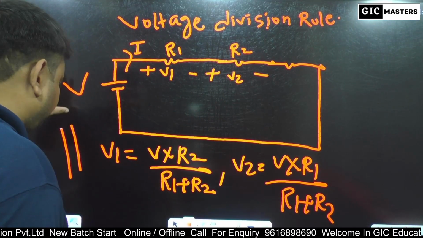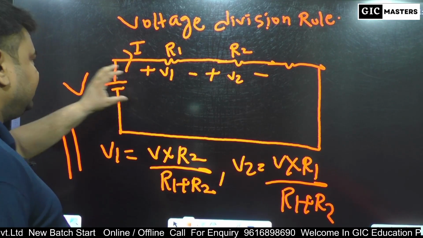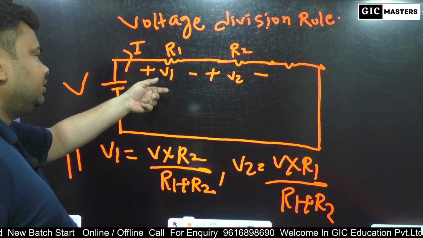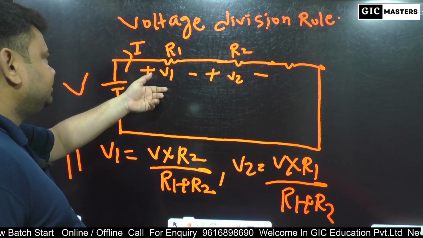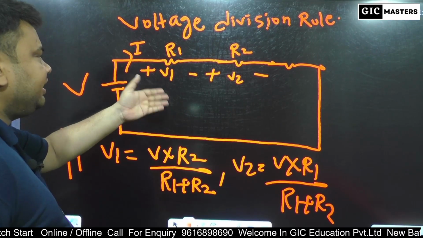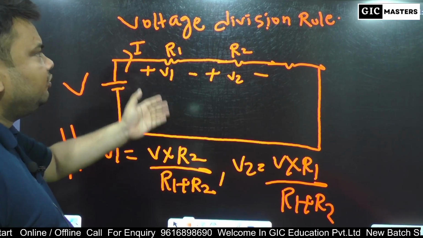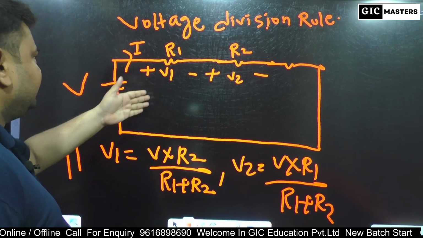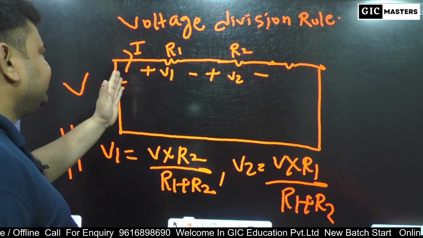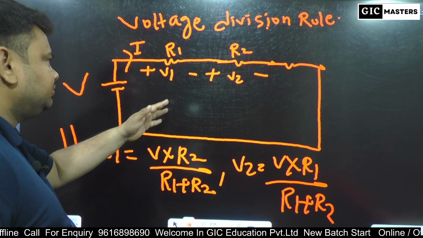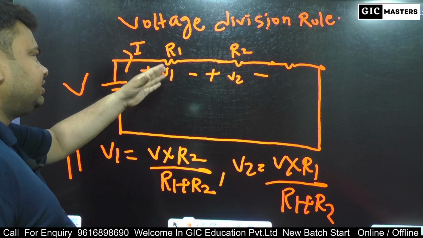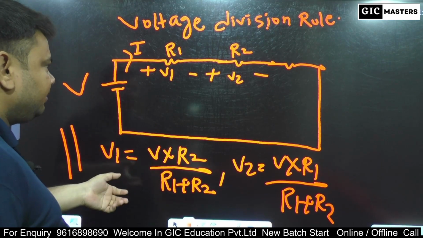These are the total voltage. V1 and V2 are divided voltages, so this is called the voltage division rule. Total voltage V is divided into two parts, V1 and V2, because two resistors are connected in series.